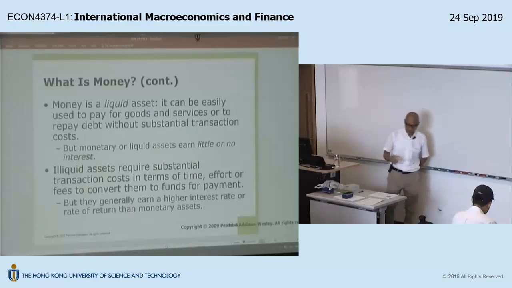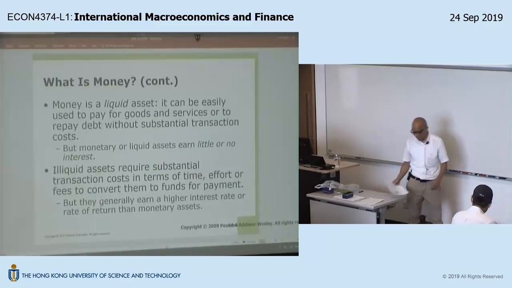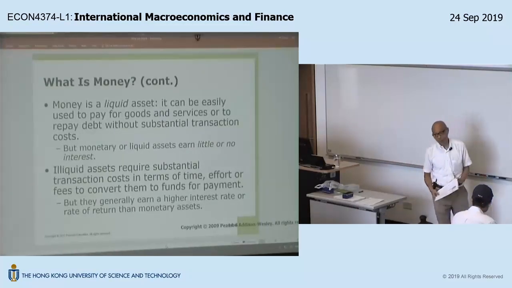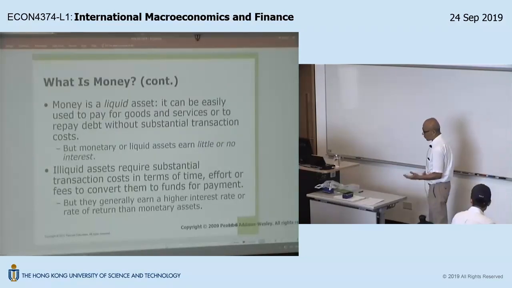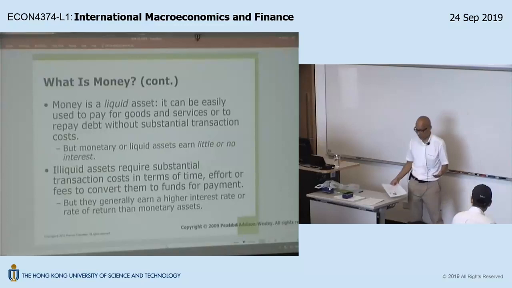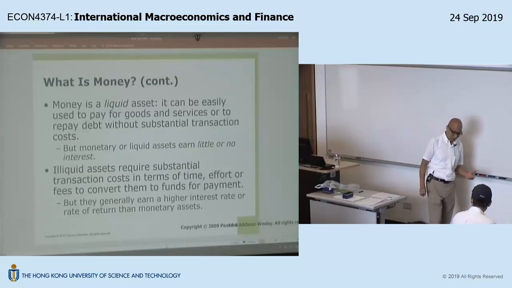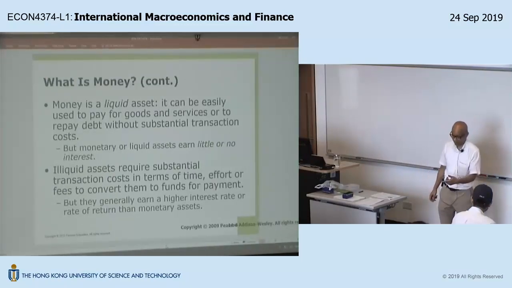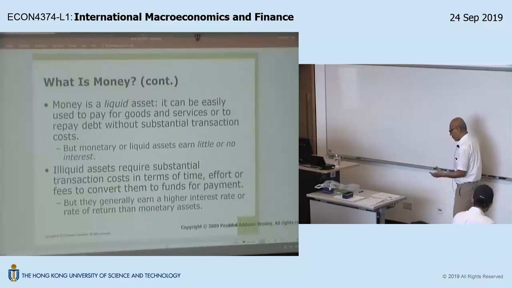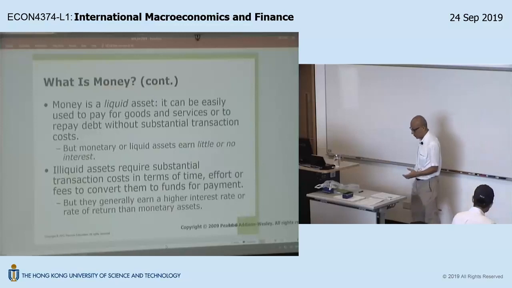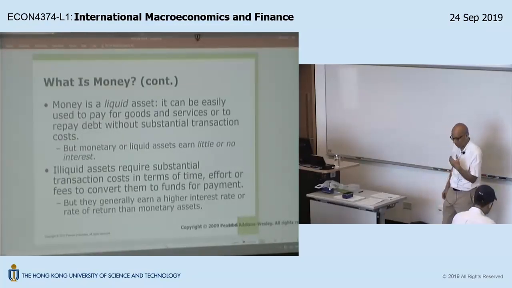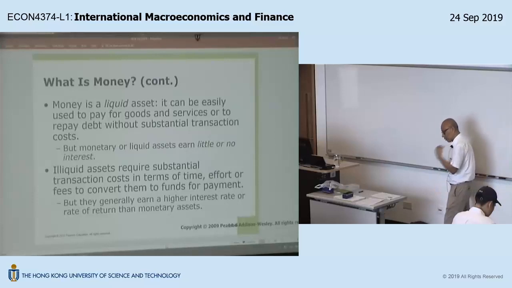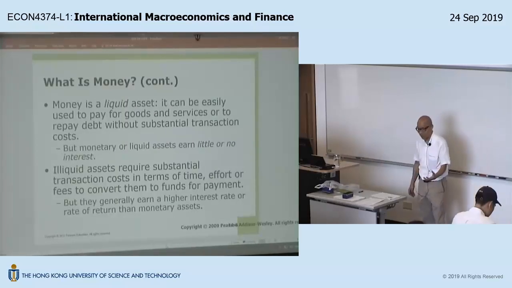So sometimes the reason why certain things are not so liquid is, first of all, because of transaction cost. It takes a long time to liquidate it, it's usually a matter of time, and also transaction costs, negotiation, whatever, right?